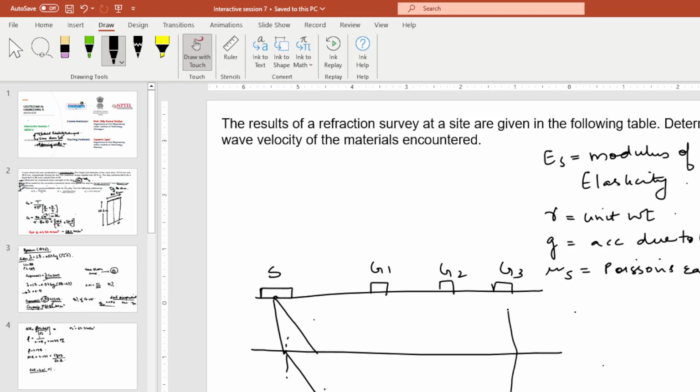There will be a refraction angle that we used to study in light. And this is, for example, V2, this will be V1, this will be V3. So we calculate these times.